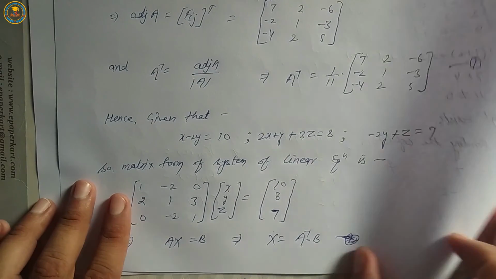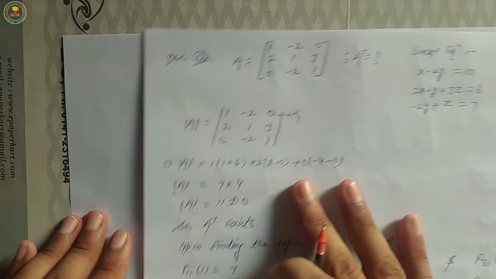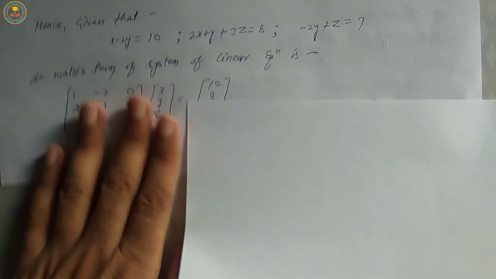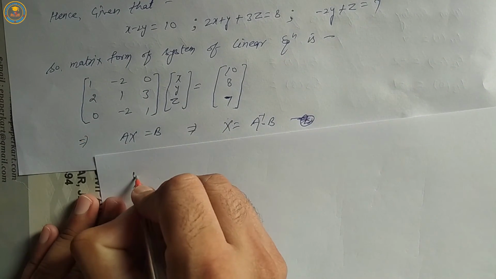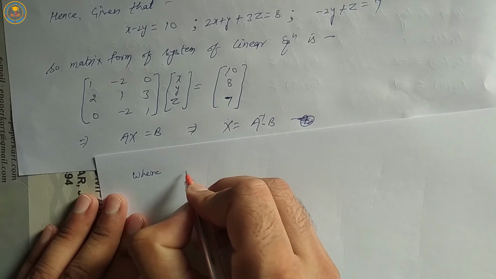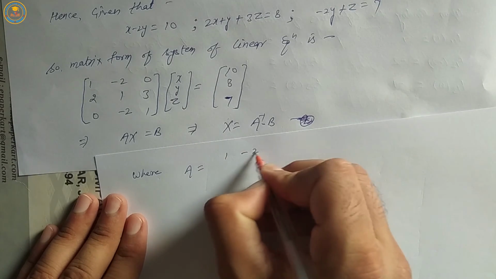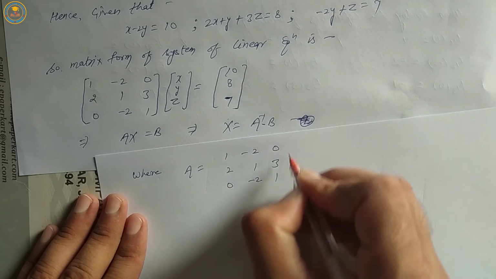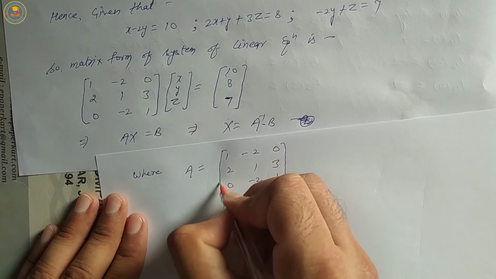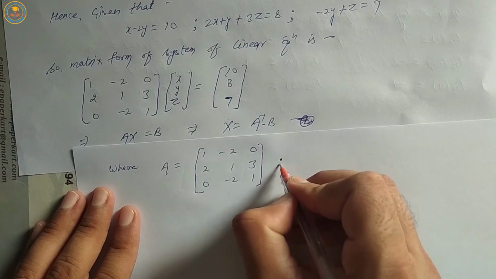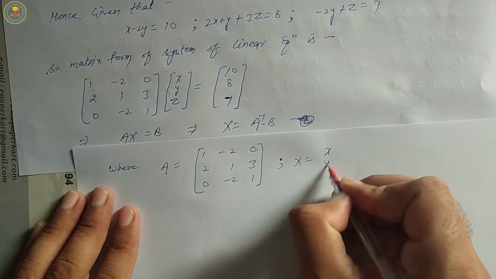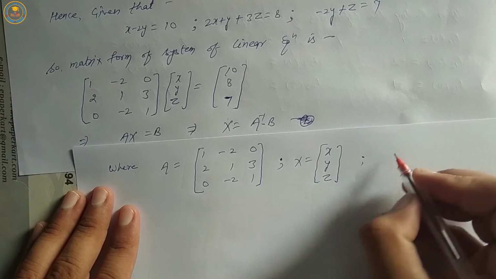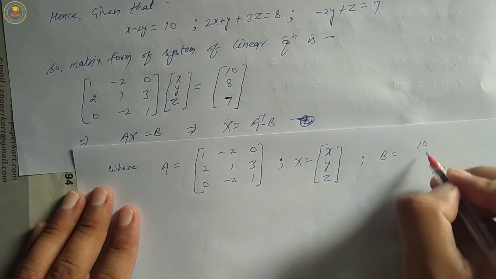Okay, where matrix A is equal to 1 -2 0, 2 1 3, 0 -2 1, X is equal to x y z, and B is equal to 10 8 7.